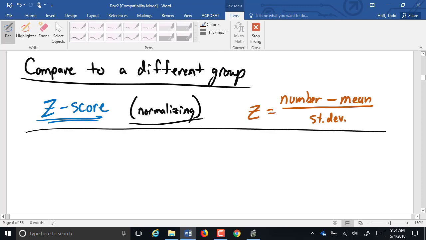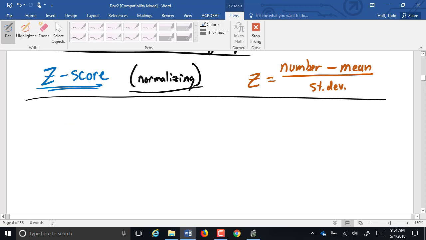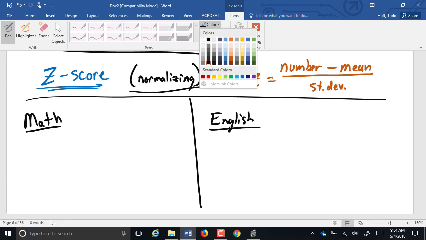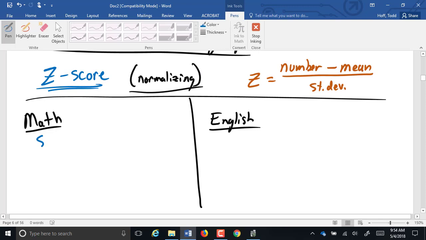Now that number itself has meaning, but it also has more meaning when we use it to compare it to other numbers. Let me show you what I mean. To get into school, many of you had to take an entrance test. Let's say you had to take a math test and an English test. Boo, English, right? Sorry. Let's say on the math test, you score a 68. On the English test, you score an 81.